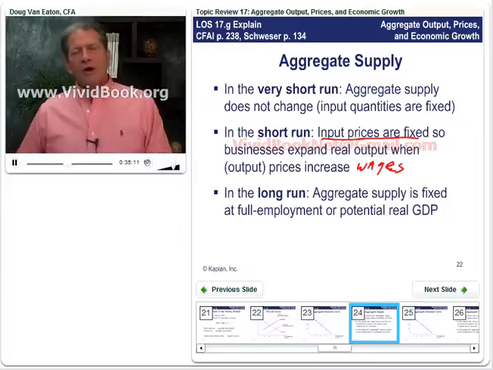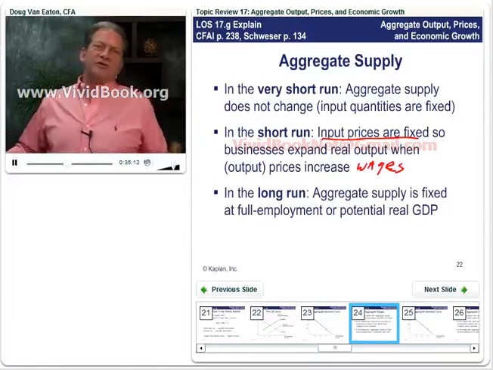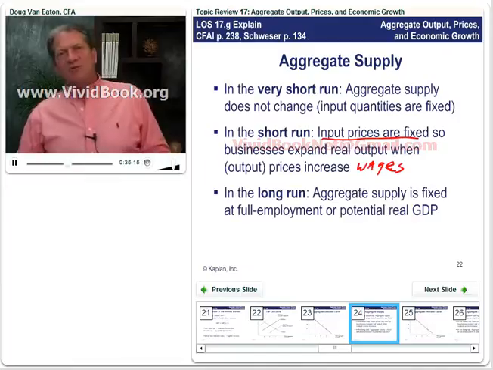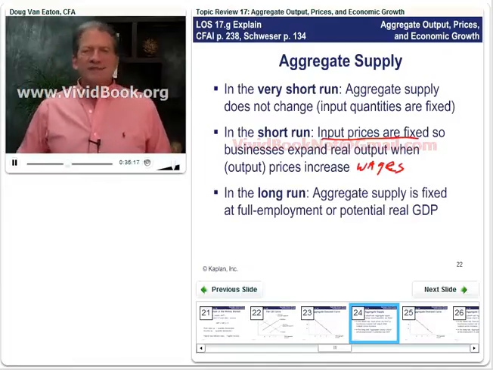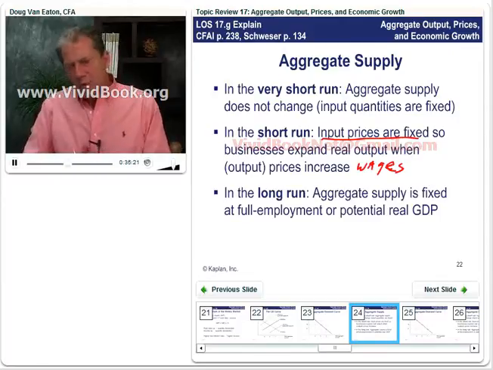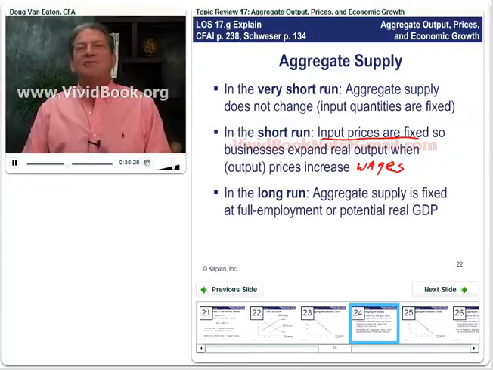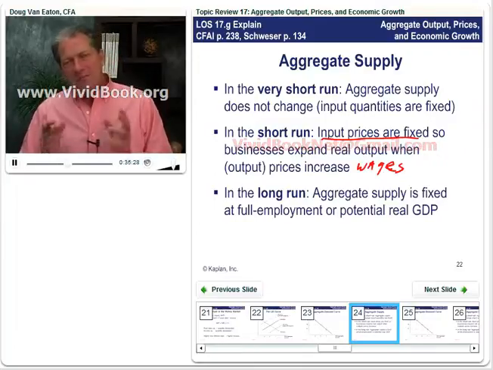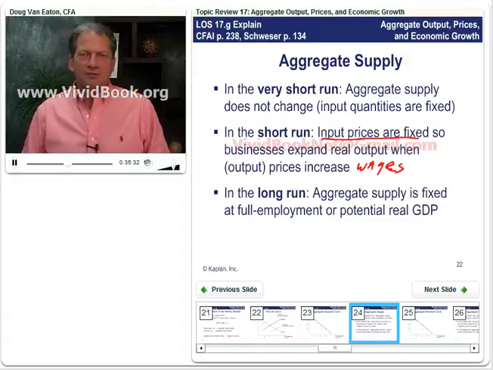In the long run, these input prices can vary, and that's what's going to get us back into equilibrium, right? Disequilibrium is a short-run phenomenon. If we get away from our long-run equilibrium, there's got to be some sort of mechanism to get us back. Well, that mechanism in this model is changes in input prices.